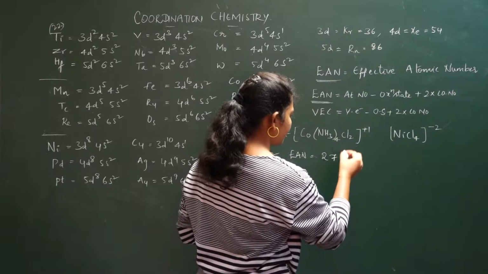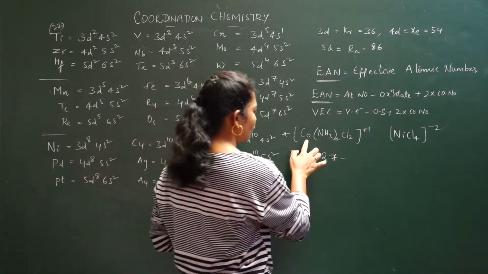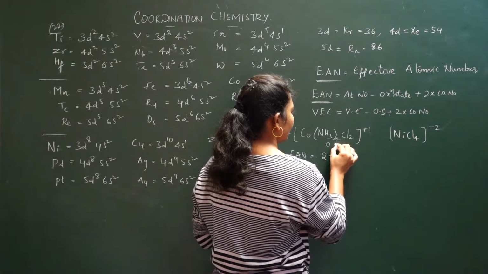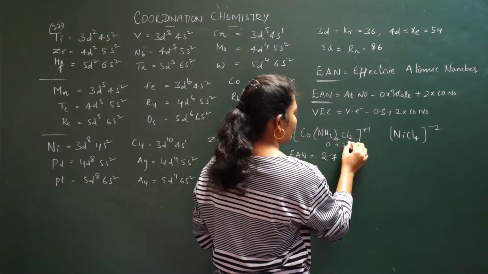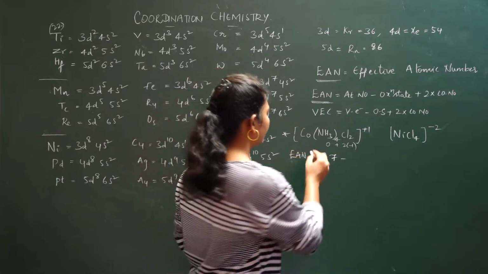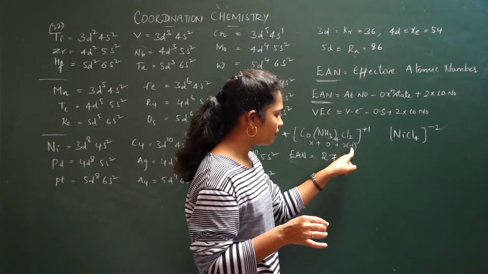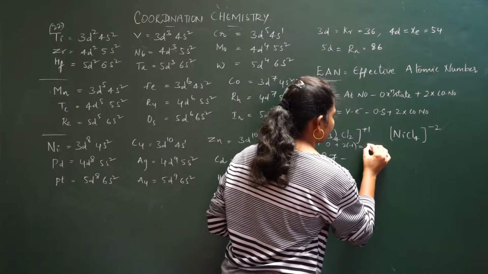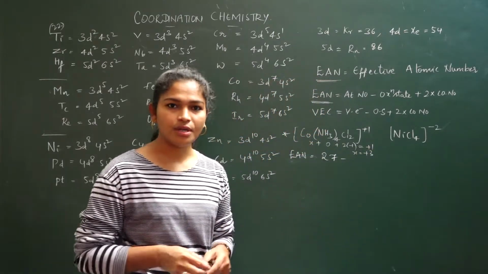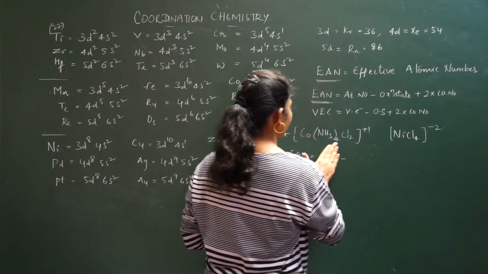27 minus the oxidation number. See here, cobalt, this is a neutral compound, so the total is 0. Here there are 2 ligands of -1. Cobalt we take as X, so X plus 2 times -1 is equal to +1, which means X is +3. So the oxidation number of cobalt is +3.